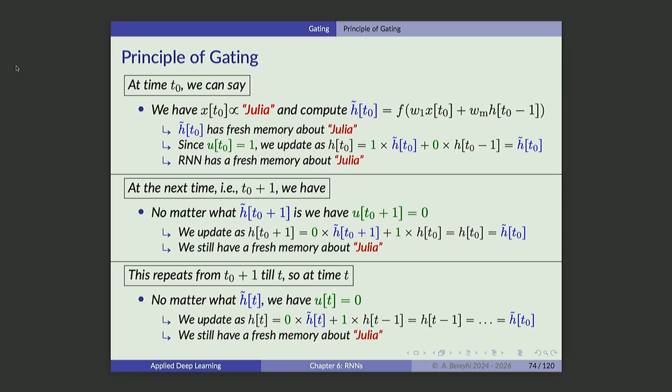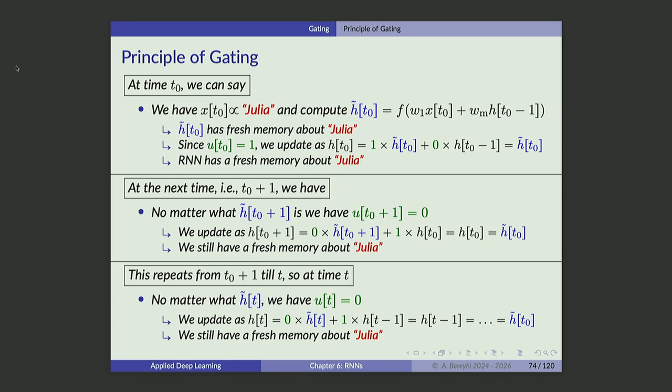Yeah? In the second step, when we are doing 0 times h tilde, wouldn't that make us not remember anything from the current word? We are ignoring it. Don't we need to? If you have a sentence, lots of words are redundant.